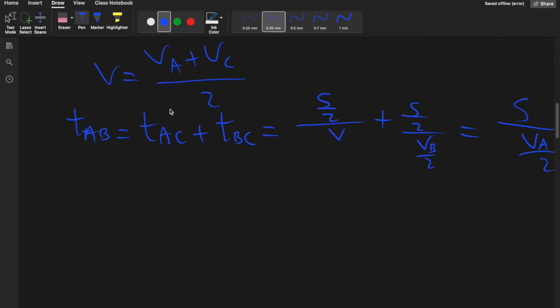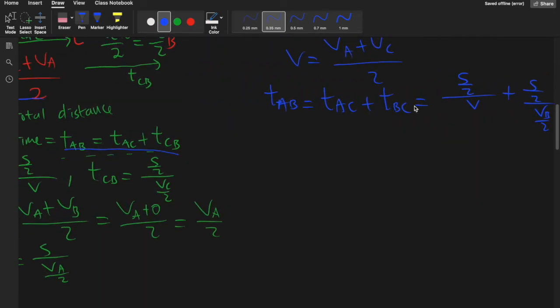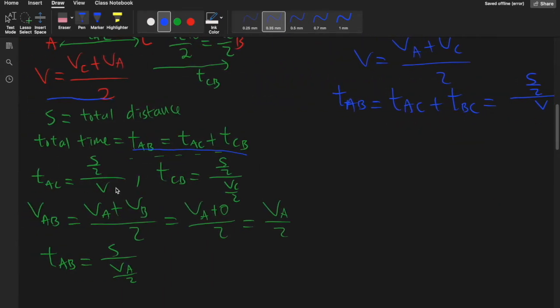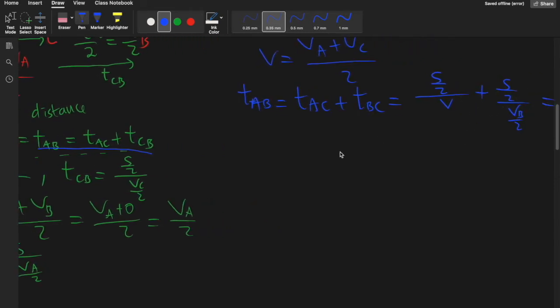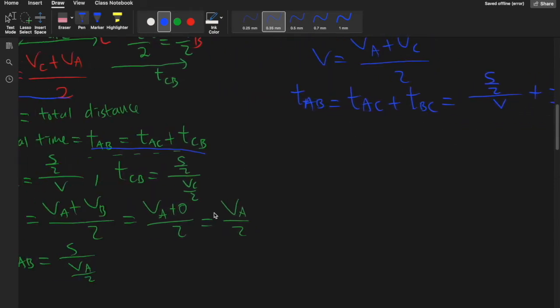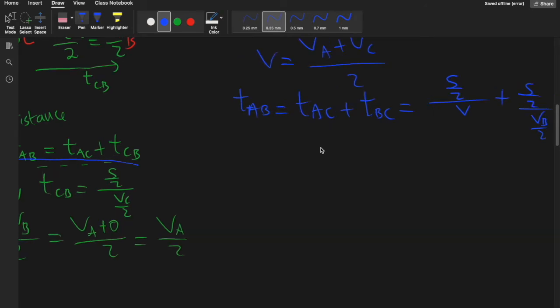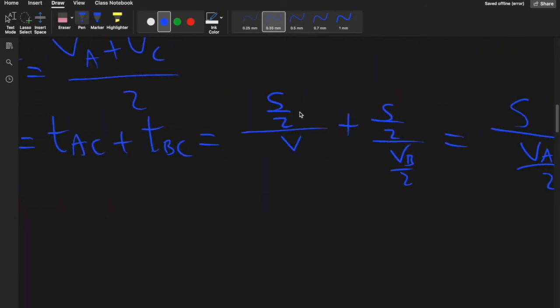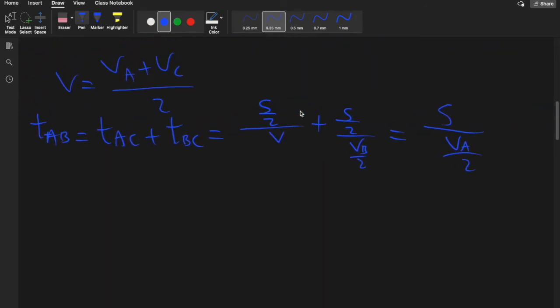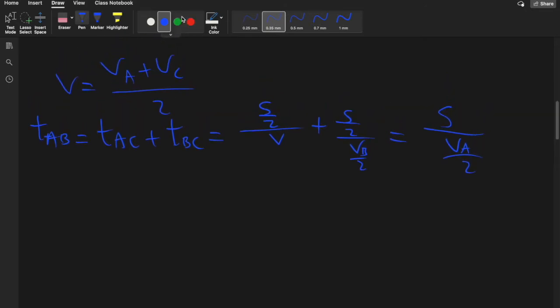This formula comes from here, this equation comes from here, and this one comes from here, right? So now we know two really important equations. Let me rewrite this.